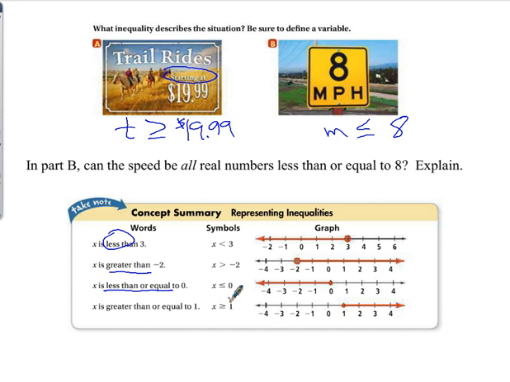Greater than or equal to gives you the little bar underneath the inequality. And the only thing that changes there is the fact that now you have a solid dot as opposed to an open dot. This is open, open, solid, solid. All right? You have to keep those things straight to be successful in this chapter. Both the solid and open dot and shading one way or the other.